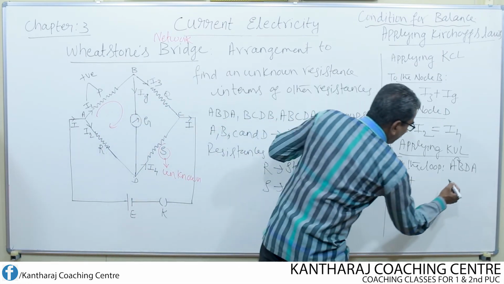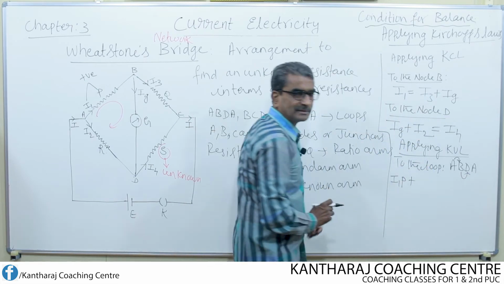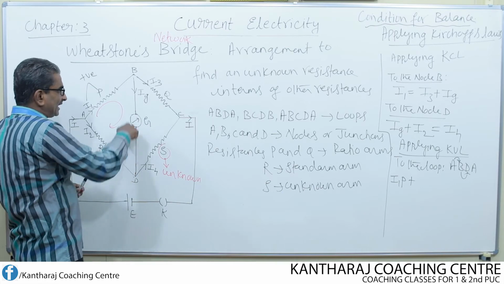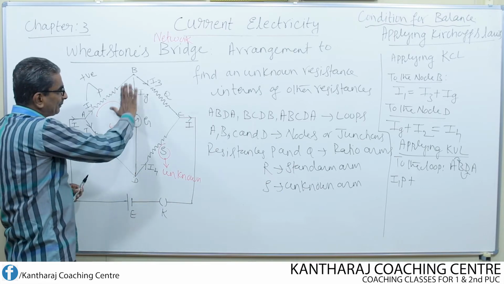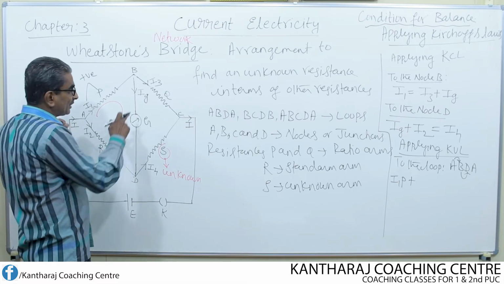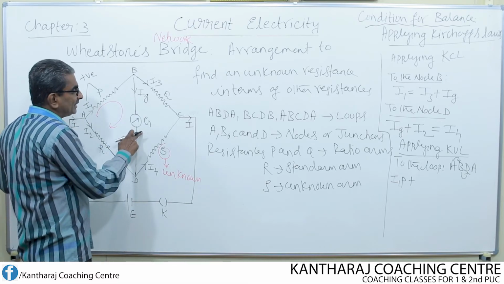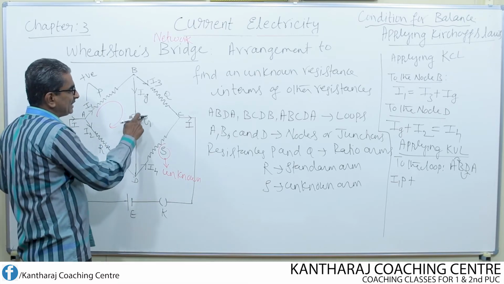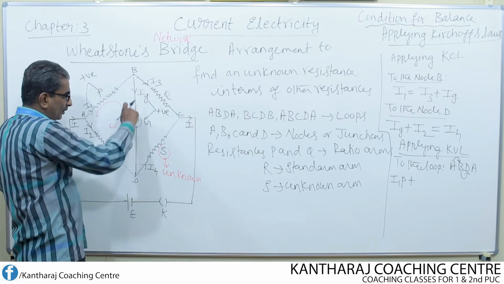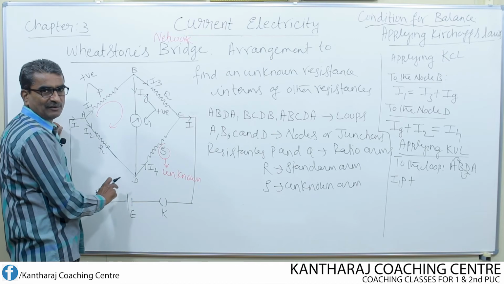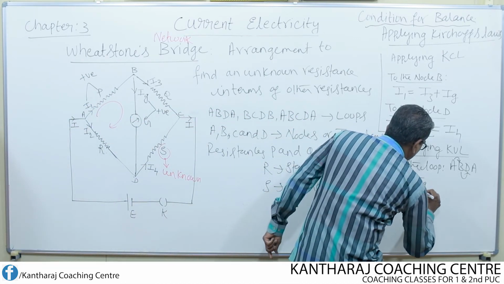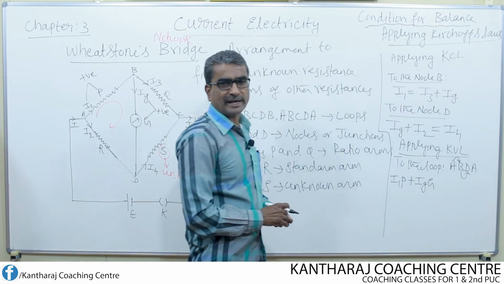Next, I move from B to D. I am moving downwards. Current is also flowing downwards. Therefore, the product of current and resistance of this branch is once again positive, IG into G. This is positive because the flow of current and our direction of traverse are one and the same. So, plus IG into G. Okay.